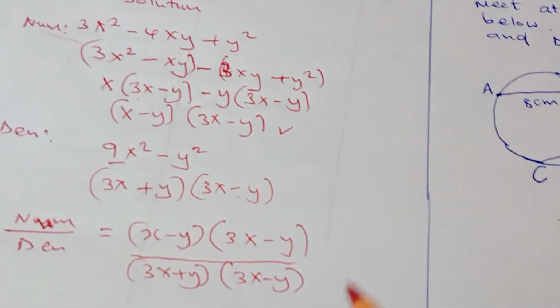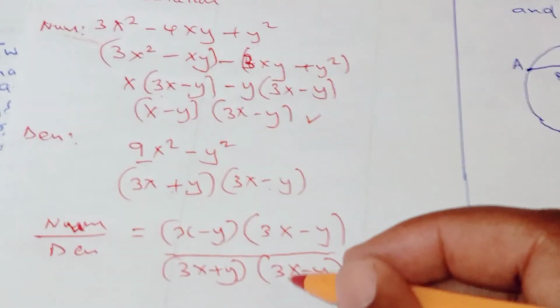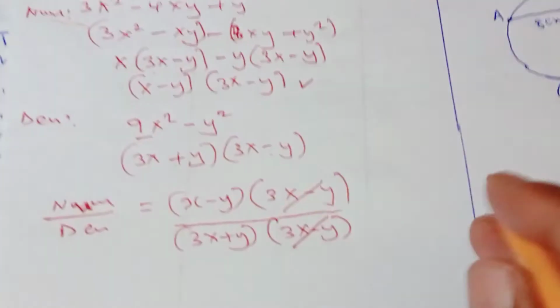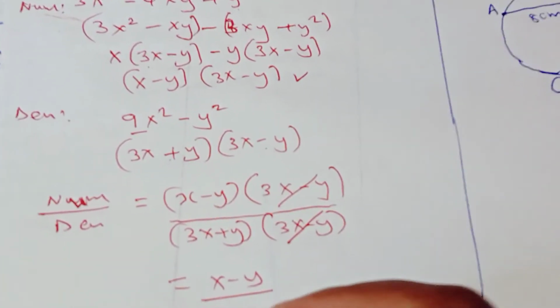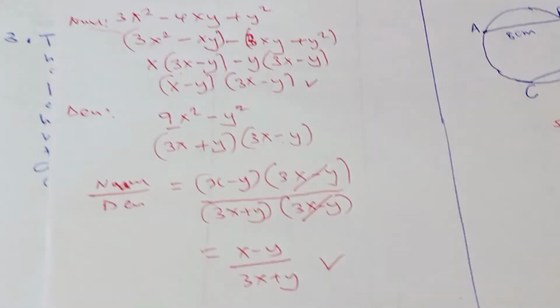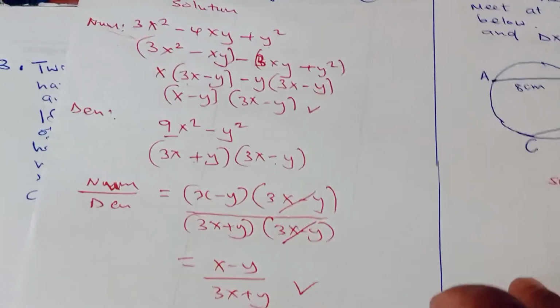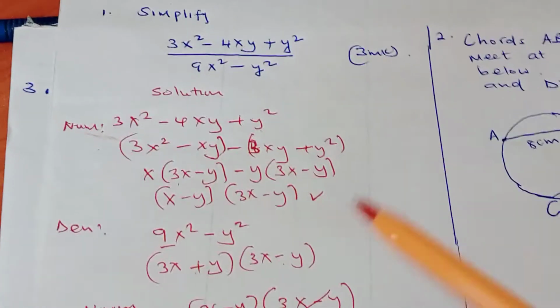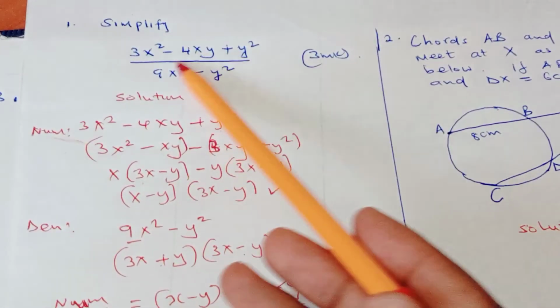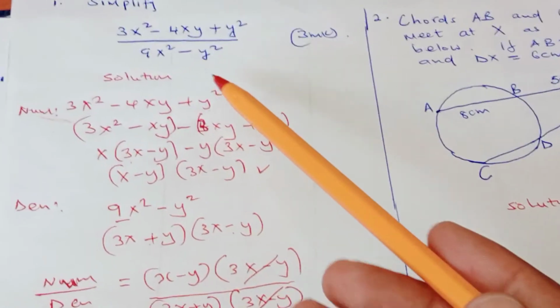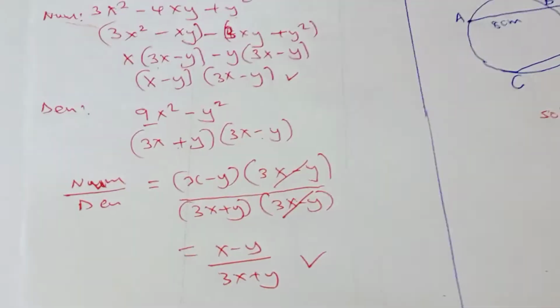All right, so you'll notice that there are factors here which are going to cancel, that is this and that, and so our answer is x minus y over 3x plus y, and that's the answer, right? So I want to say one thing here. If you're told to simplify, then you need to split these ones into their factors, and then you identify those factors that are going to cancel, right? So that's what you have as your answer.